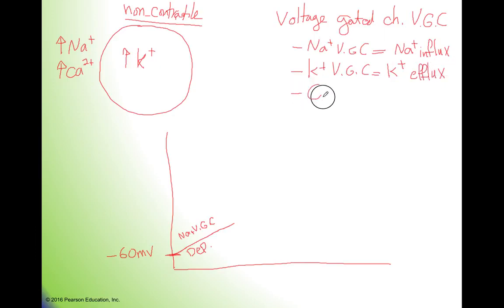And the last type of channels are calcium VGCs, which again, if you remember, calcium is high outside. So if these channels are going to open up, it causes the calcium to influx as well.